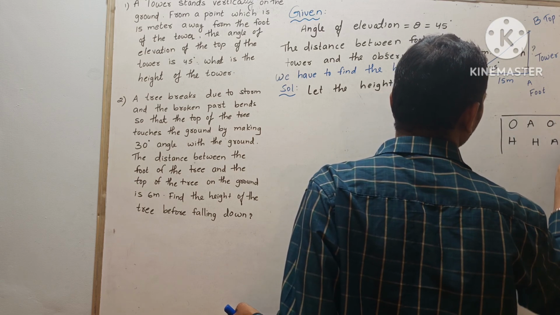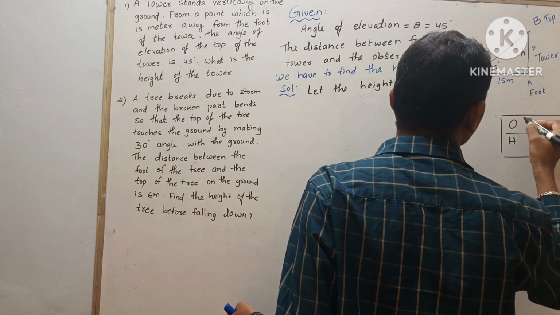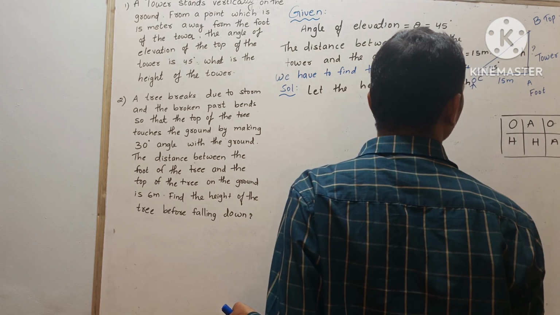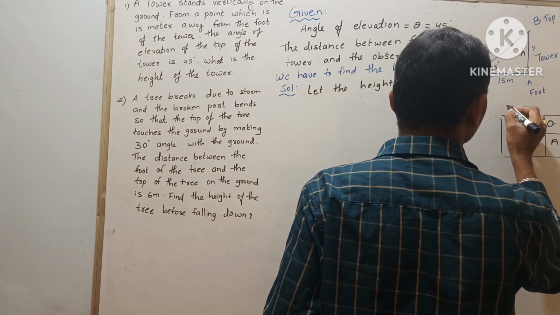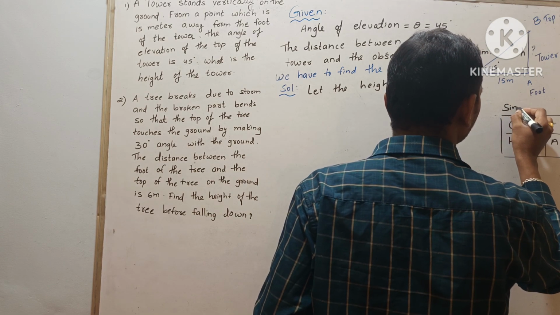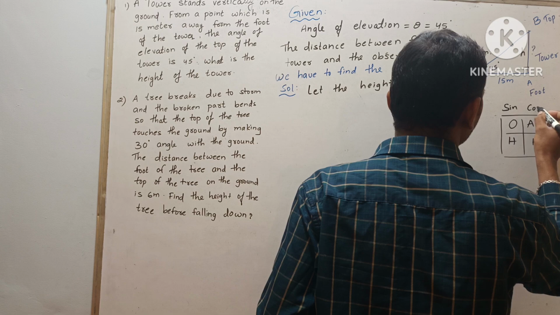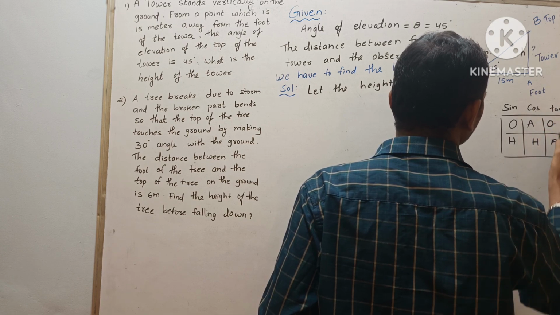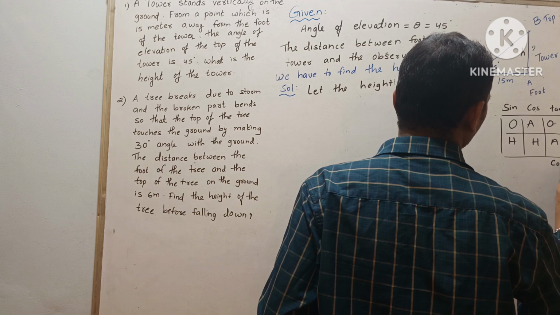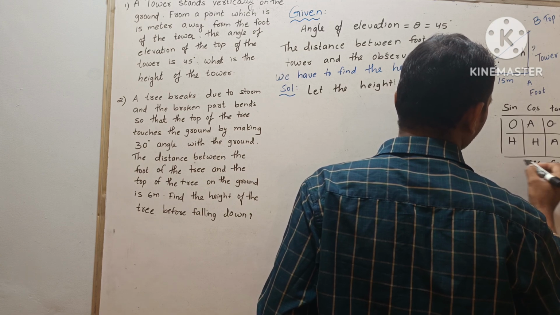So this is the shortcut to remember the 6 trigonometric ratios. O by H means sine theta, A by H means cos, O by A means tan, and the reverses are cot, secant and cosecant.